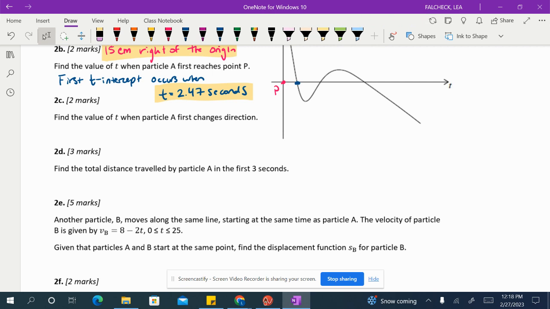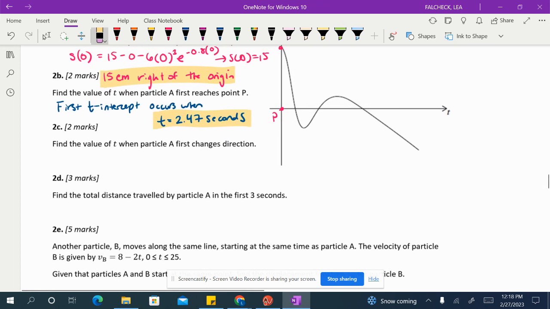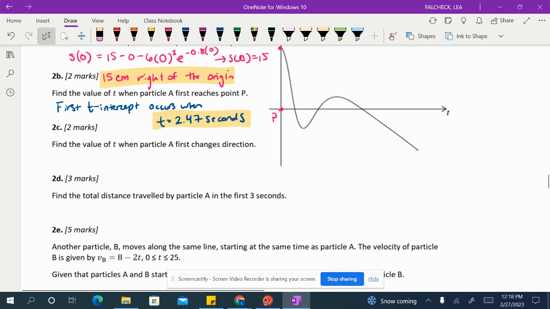2c. Find the value of t when particle A first changes direction. So a particle changes direction when v of t is equal to 0, or when the velocity is equal to 0. Since this is the graph of the position function, we want to find the spots where the derivative would be equal to 0. The slope of the tangent line would be equal to 0, and that's going to occur at minimums and maximums.